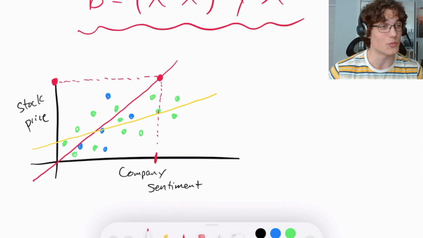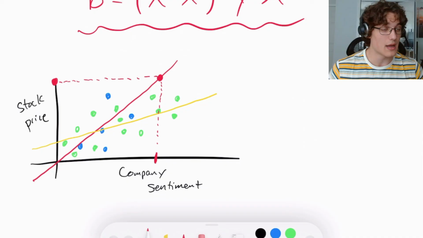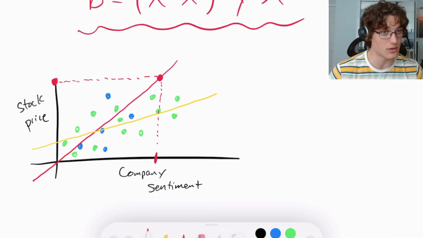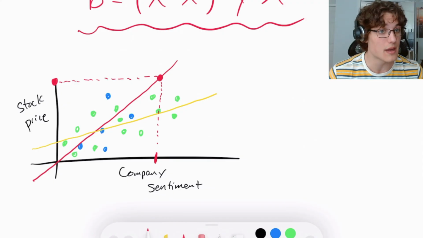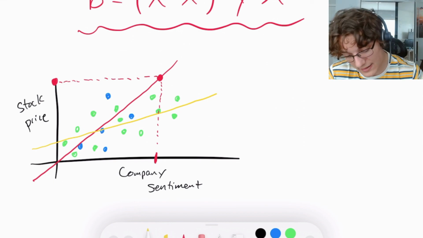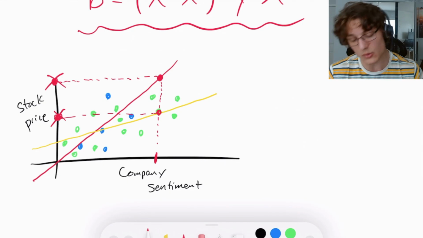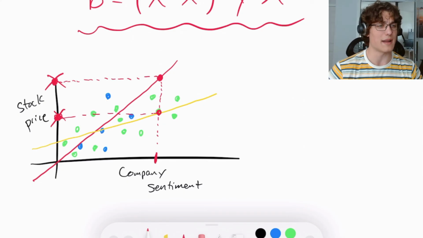Now, the problem is we know the green dots are the more samples. They're a better approximation of what the true distribution of the data looks like. Thus, the yellow line actually fits better and provides a better prediction. So if we had the yellow line, then instead of this being our approximation, we would get a better approximation right here. So we're actually overestimating the stock price based on this red line.